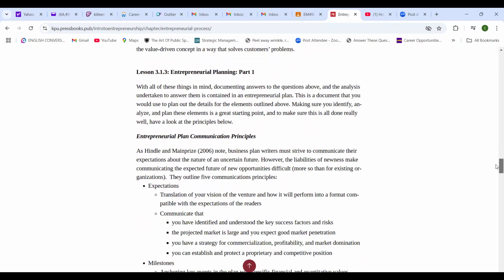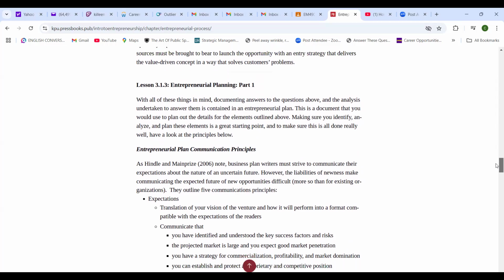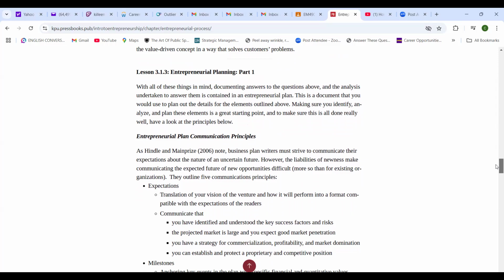entrepreneurial plan, communication principles. As Hindle and Mainprice, 2006, note, business plan writers must strive to communicate their expectations about the nature of an uncertain future. However, liabilities of newness make communicating a new opportunity difficult for new ventures.